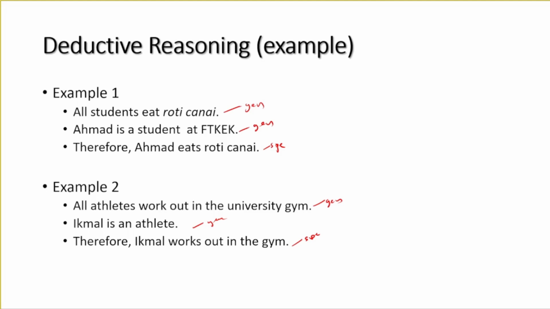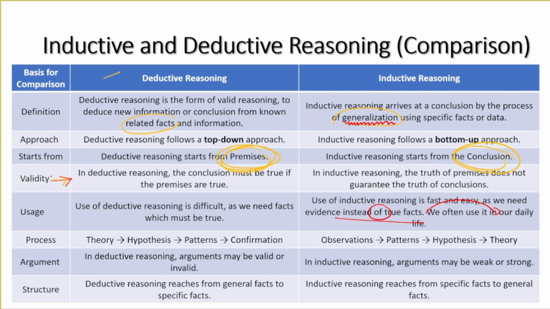So Ali is a student of FTKEK, so therefore Ali eats roti canai too. Okay, so do all eat roti canai? Some of us don't eat roti canai, right? So because the premises are true, this must be true. So that is the validity we mentioned earlier.